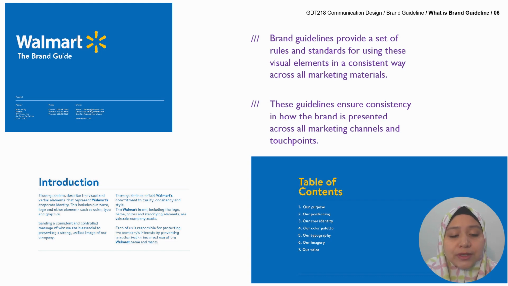As we can see in the example from Walmart, the brand guide has a table of contents. They mention their purpose, positioning, core identity, hero color palette, typography, imagery, their brand voice, and many more. This guideline is to ensure consistency in how the brand is presented across all marketing channels and touchpoints.